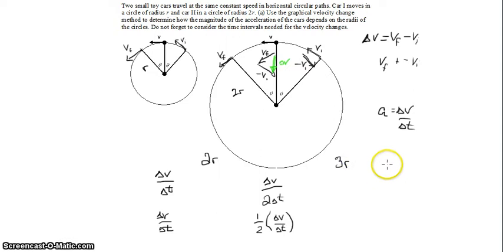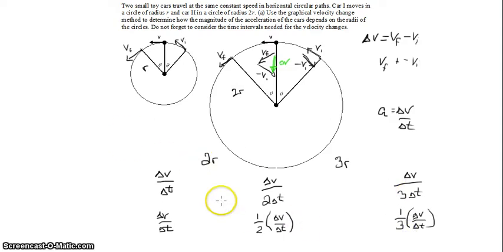So if this was 3r, it's going to take you 3 times as long to travel that same arc length because your speed is not changing. So delta V over 3 times delta T will be 1/3 the original delta V over delta T.